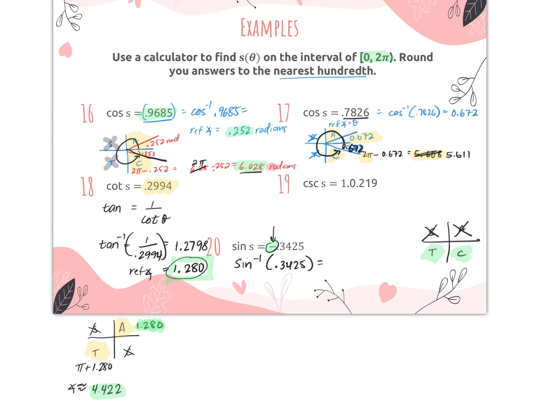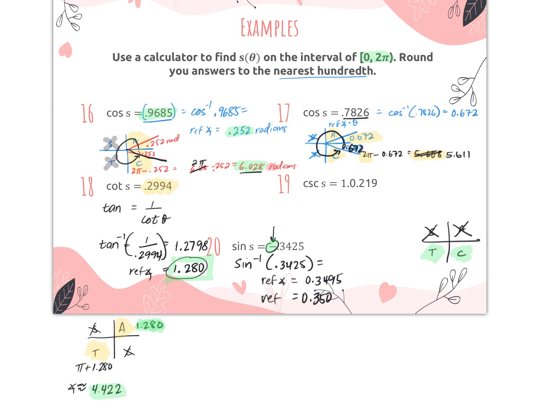So I'm going to do 0.3425, and I'm going to take the inverse sine, and I'm going to get my reference angle, which is 0.3495, which means 0.350, okay?